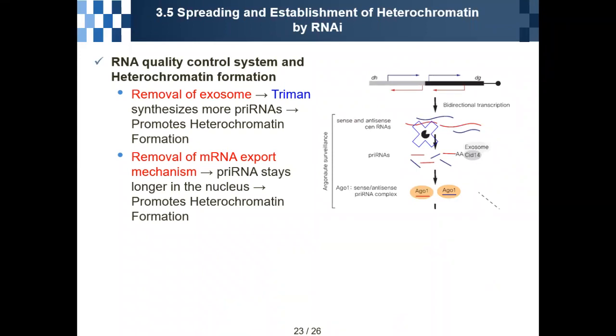So if we remove the mRNA exporter system, pre-mRNA stays longer in the nucleus, so it will promote heterochromatin formation. So this is the RNA quality control system and heterochromatin formation. Very important, you have to memorize it.